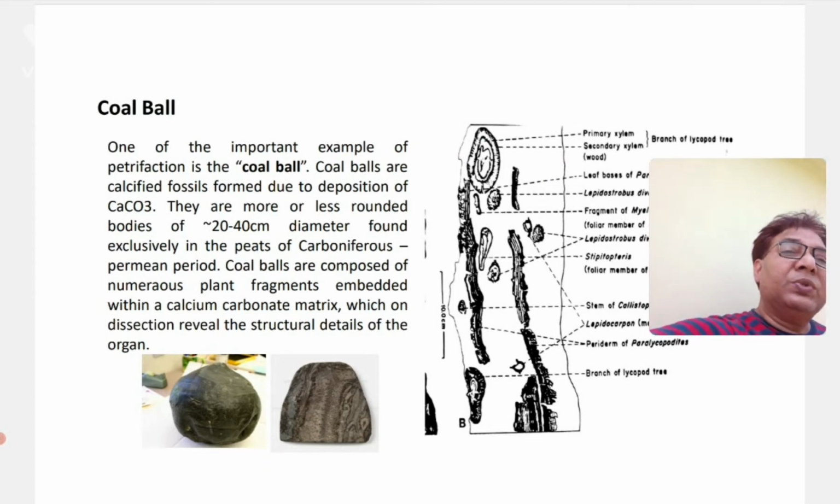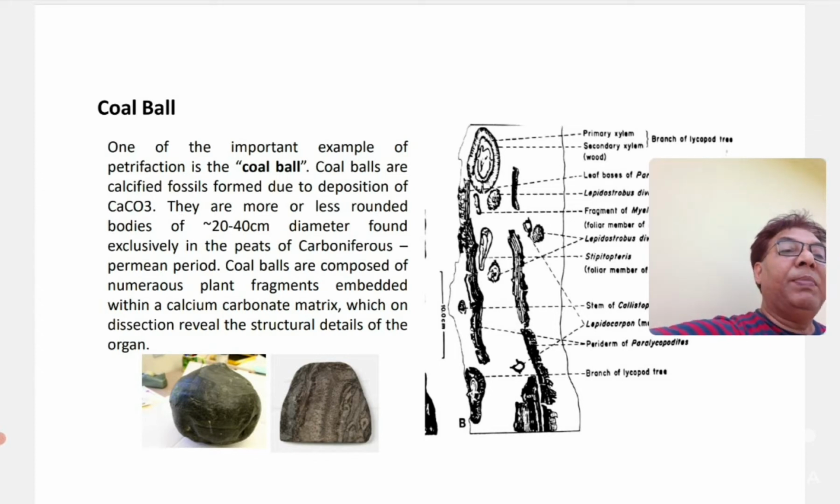This picture shows several cross sections of different specimens, like the branch of a lycopod tree, which is possibly Lepidodendron, and there are stem sections of Calistophyton, and then Stipitopteris, the leaf base foliar member, is shown here.